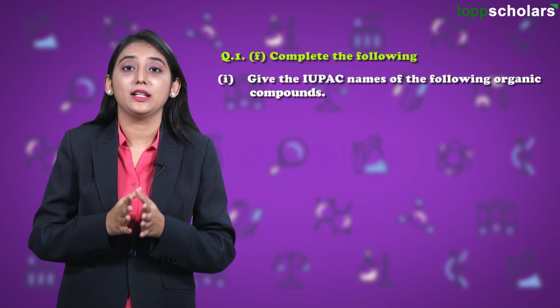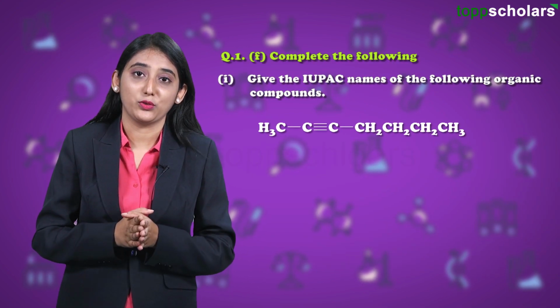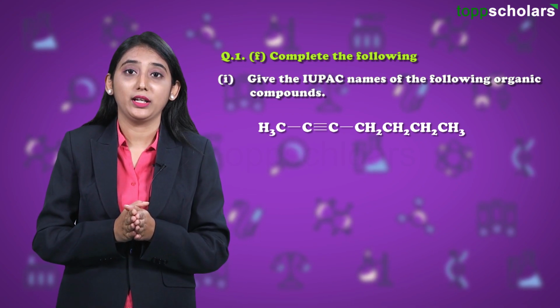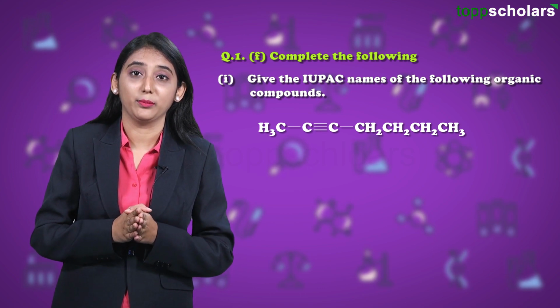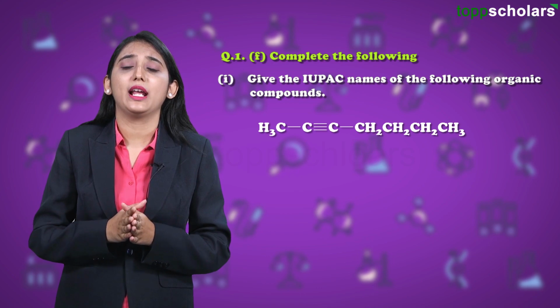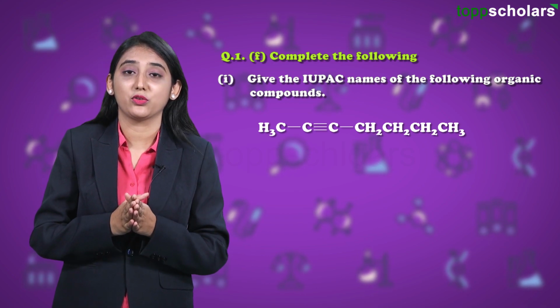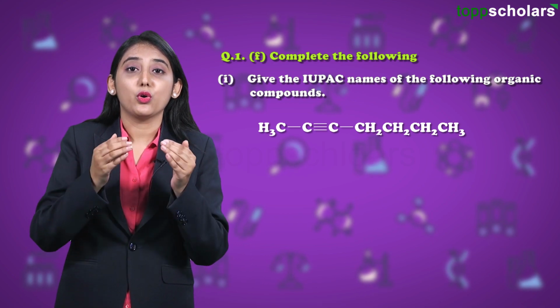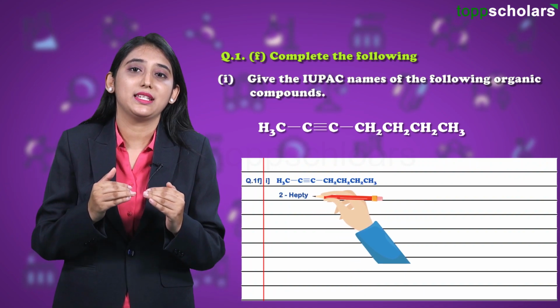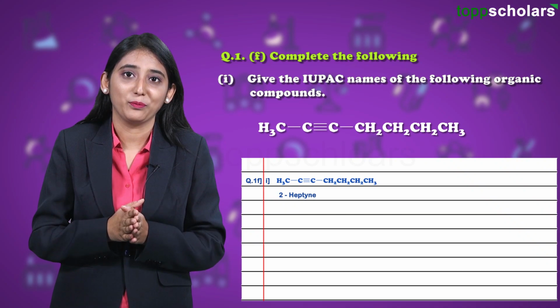For question number 1F, which is basically framed on organic chemistry, questions can be asked based on the structure of the organic compound as well as the name of the organic compound. For example, if you have a structure of an organic compound given and you need to name the structure, you need to draw the structure of the organic compound again and then write down the IUPAC name for the given compound.